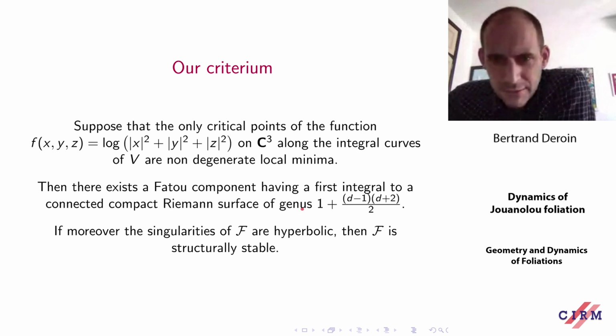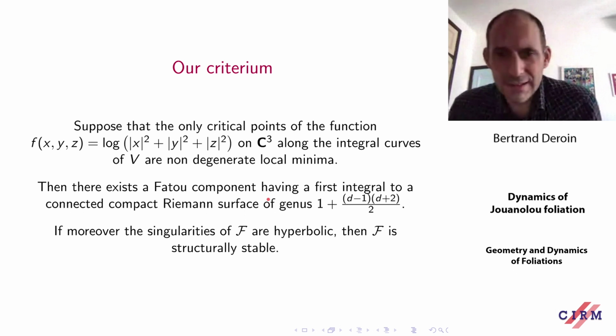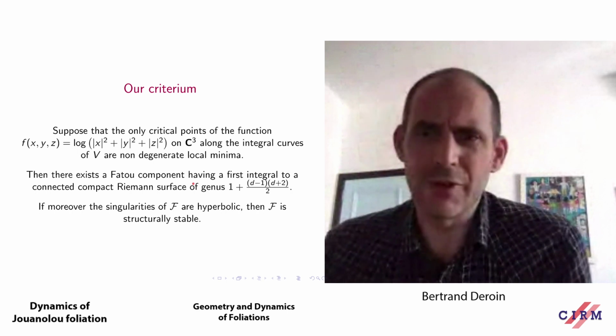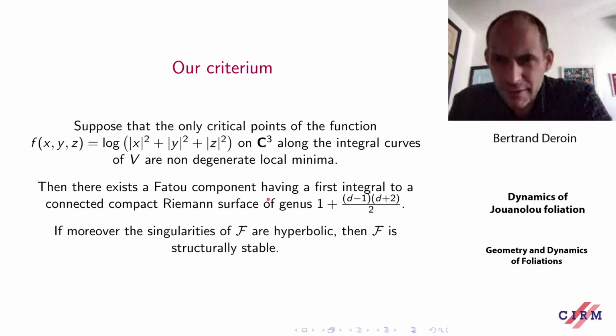Moreover, we can prove that the level sets of this first integral are topological disks. In fact, it's not difficult to prove that they are also biholomorphic to the unit disk. They are hyperbolic.